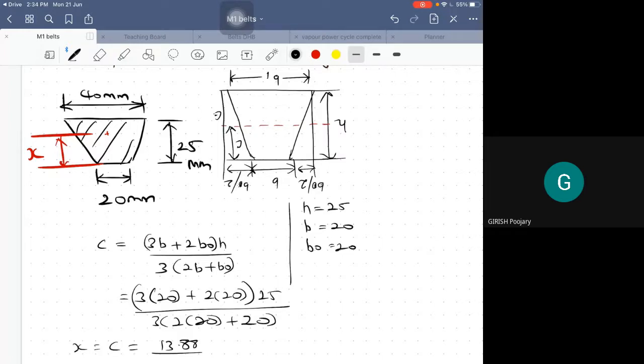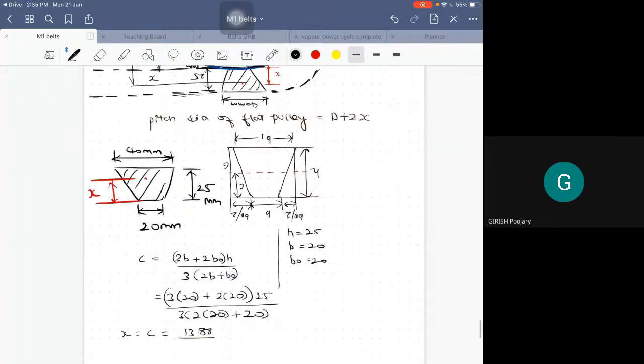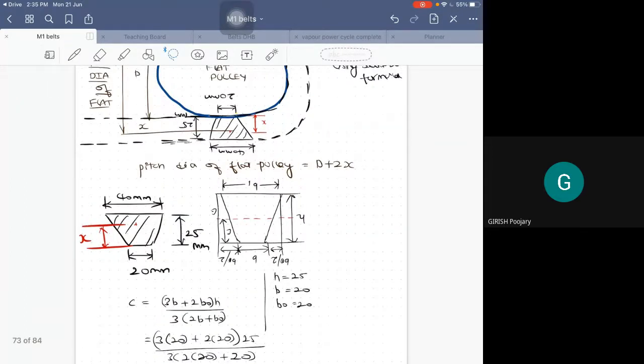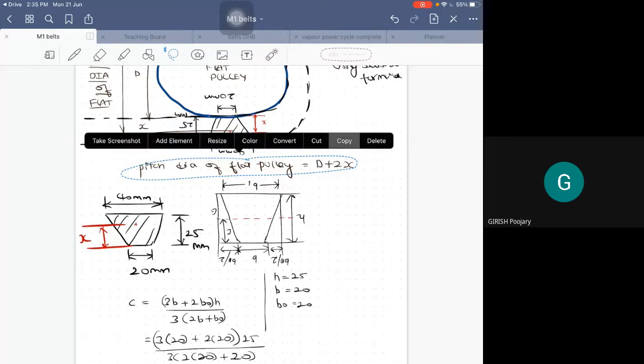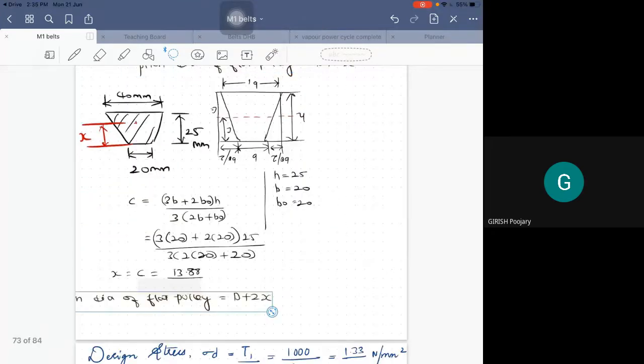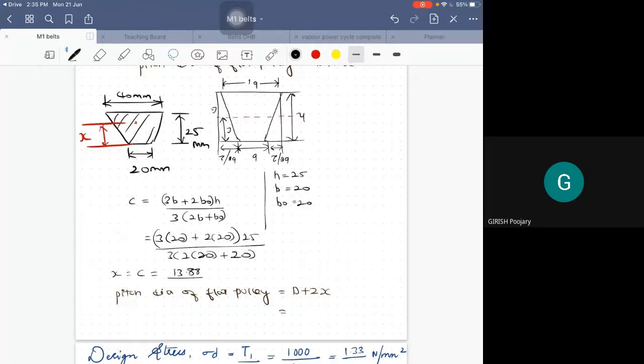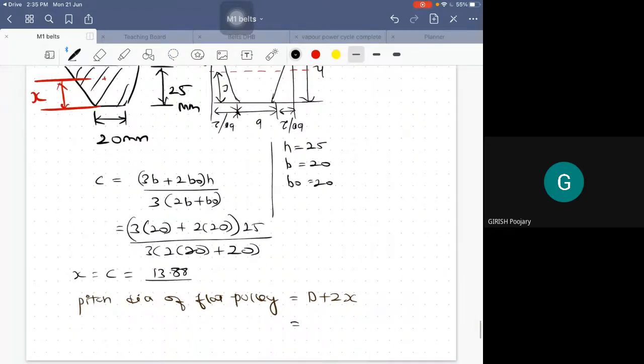Did everyone get it? Now after this X has come, you take the pitch diameter. Did you understand? Pitch diameter is equal to D plus 2 times of X. Did everyone understand how it came? Okay, now copy this and paste here. From this, what is the diameter, capital D? 900 plus 2 times of 13.88.